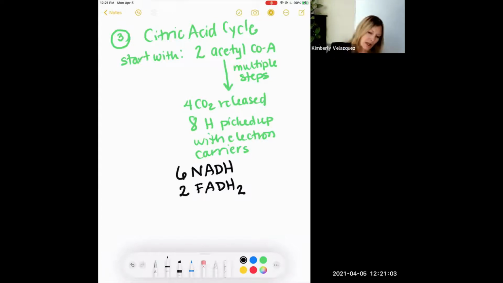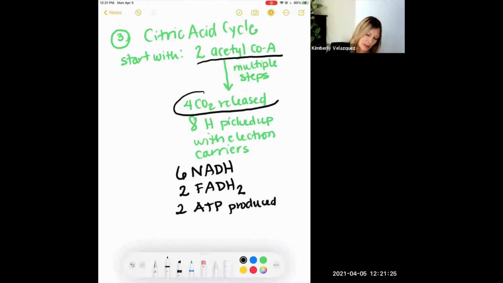Remember, there are 2 acetyl-CoA coming through the citric acid cycle. So really it's 3 NADH and 1 FADH2 for each of those 2. I'm just combining the sum total of what happens in the citric acid cycle. 2 ATP are going to get produced. And as I said a minute ago, 4 CO2 are released.